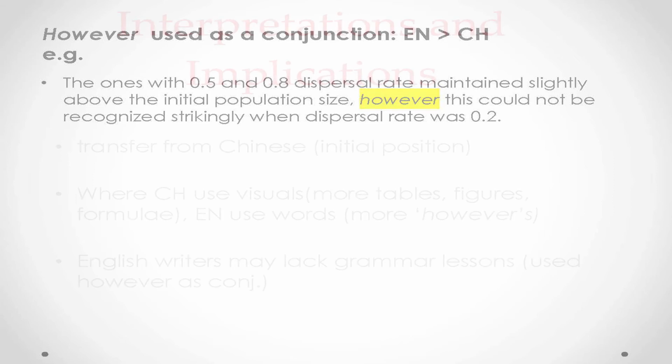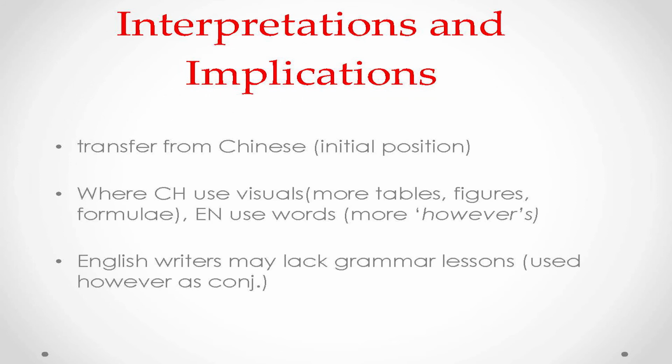So we see the Chinese students use however in initial position might be because of language transfer, because however in Chinese is 然而, which is always used in the sentence initial position, and we can see where Chinese use visuals, English use words.